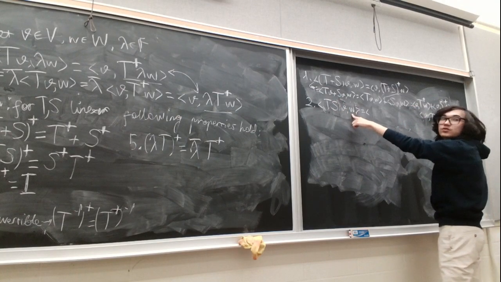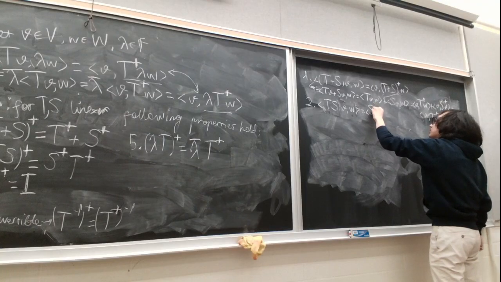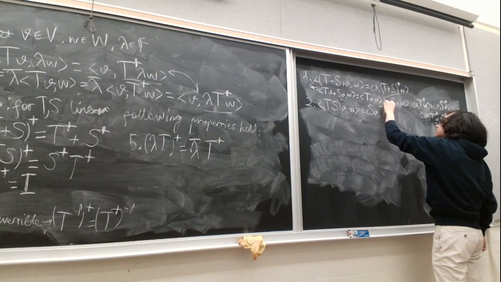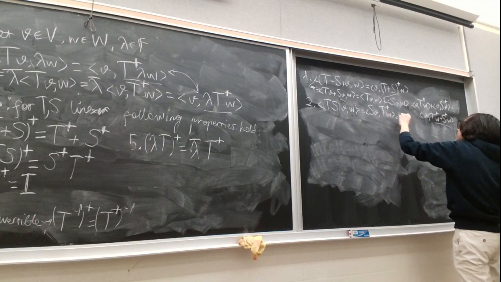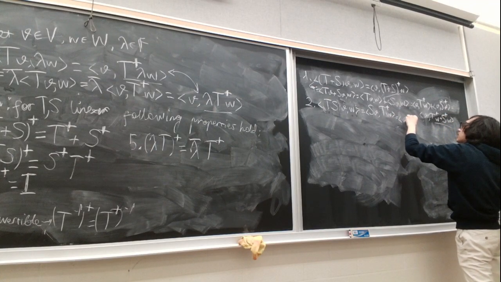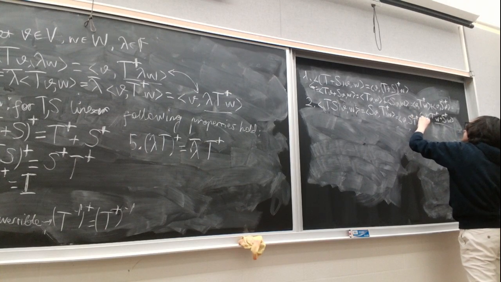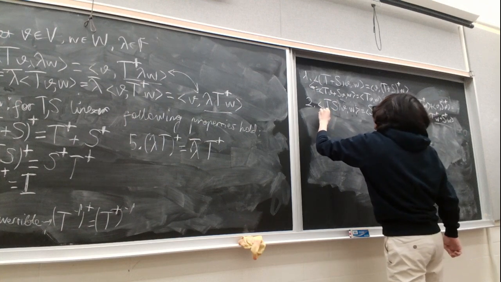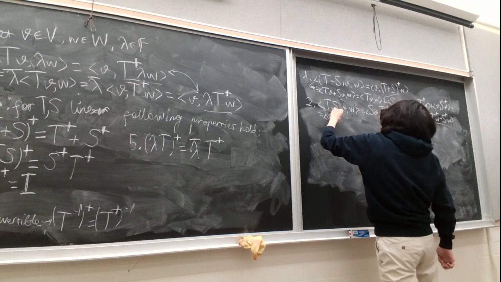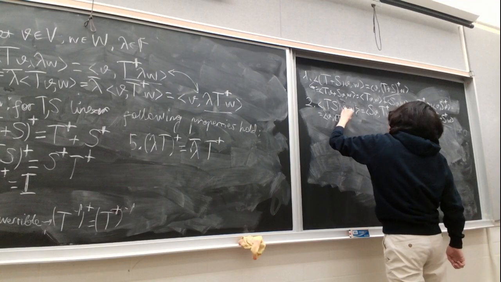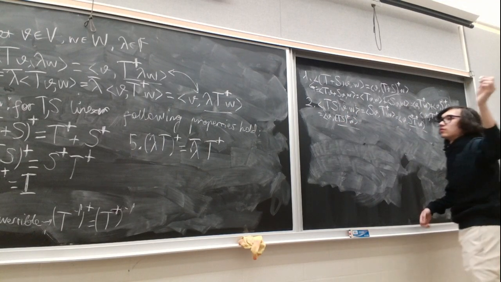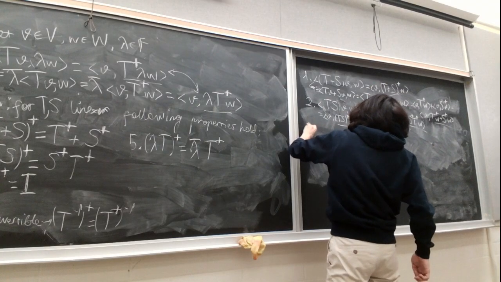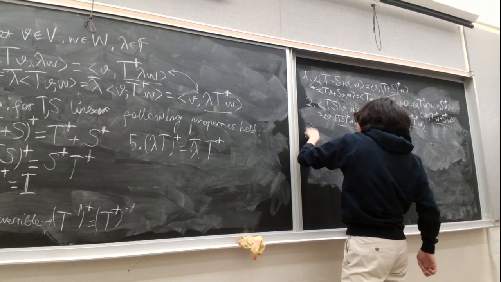We can take T over to the other side to get S of V and then T dagger of W. And then we can do it once again with S. And then we get V, S dagger, T dagger, W. And this is equal to T dagger, W. These are equal. Cool. That's the second property done. It's not too big.